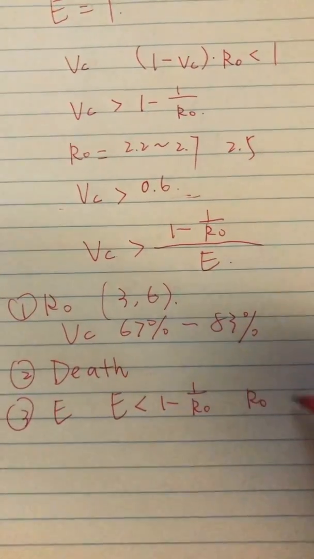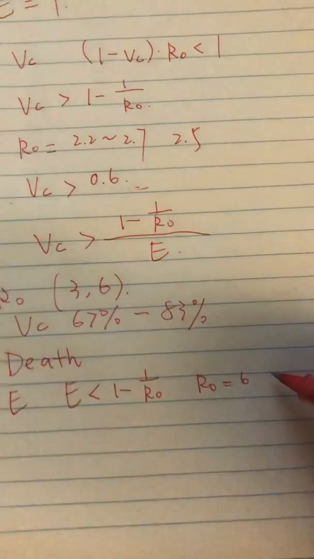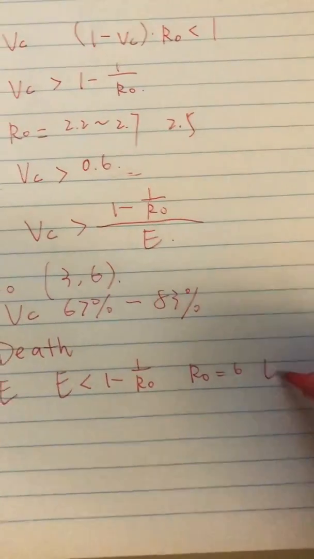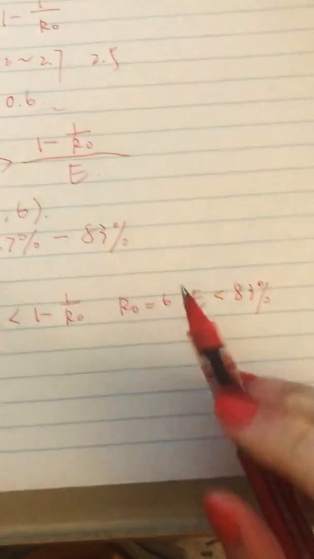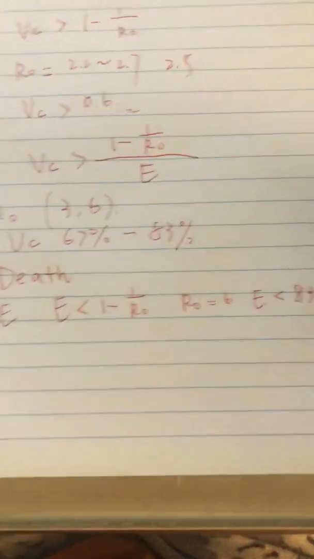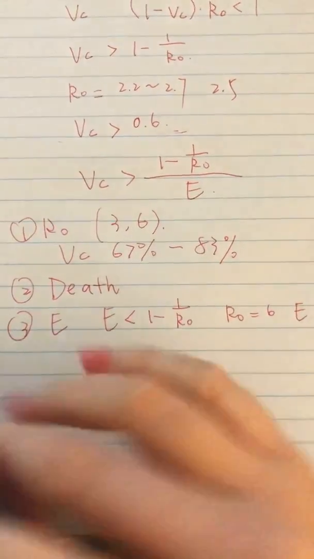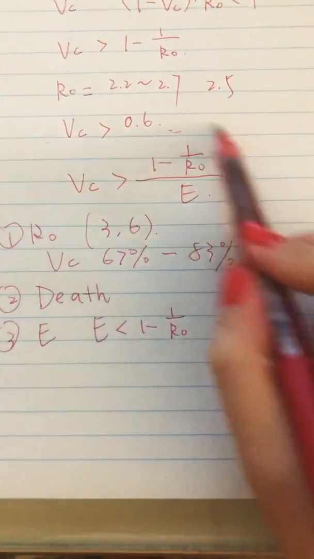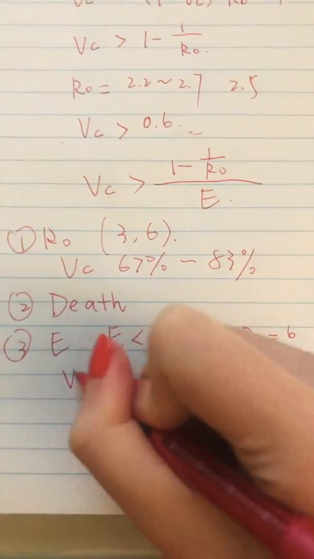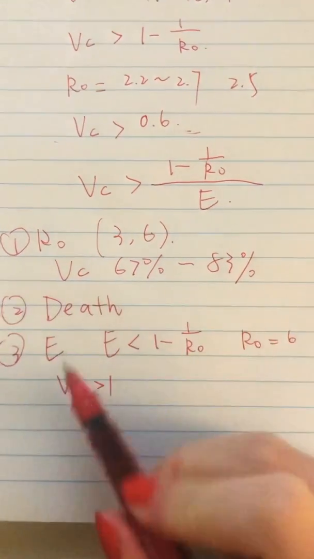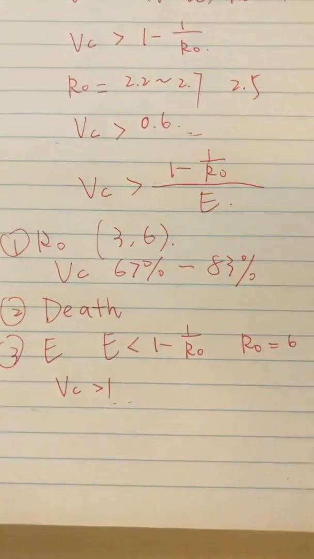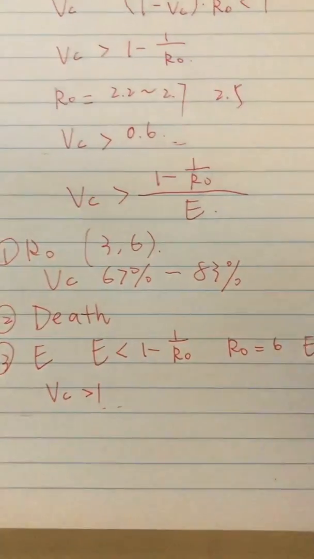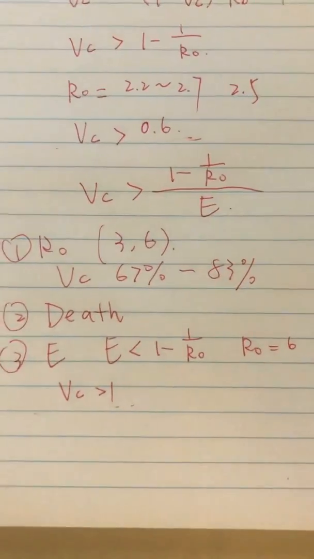So when R0 is 6 and when E is smaller than this, no matter what value you take in this formula, you will have a VC above 1, which means even if 100% of the population is immune, it's not going to stop the virus from spreading.